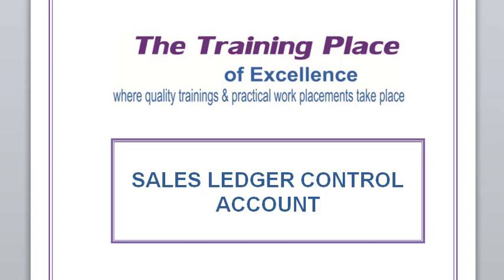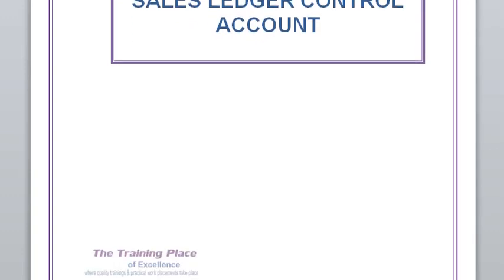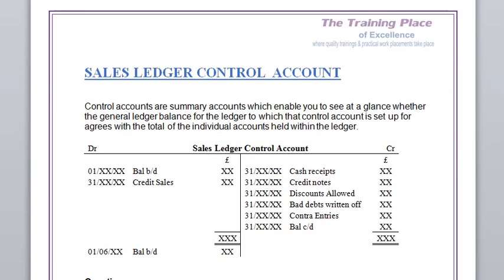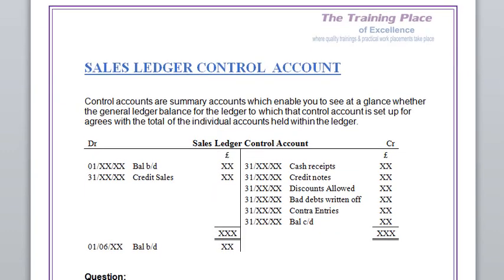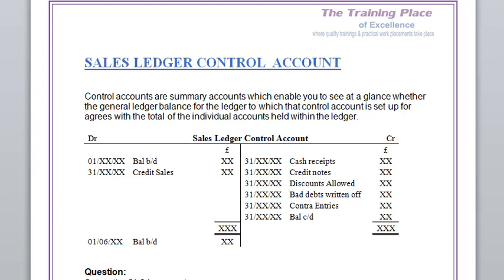Sales Ledger Control Account. Again, Sales Ledger Control Account is one of the control accounts that you could find, and the control accounts are there to complete your double entry process, and they also stand as a check against the individual ledger accounts to which they relate.